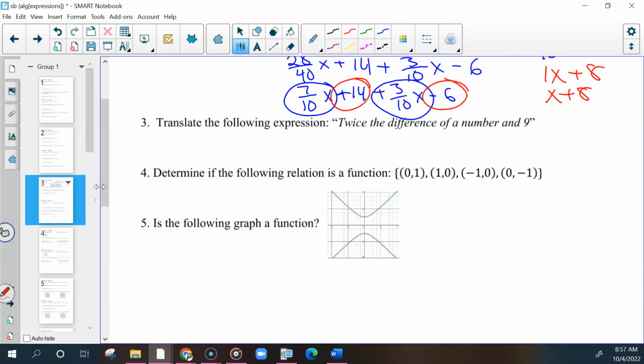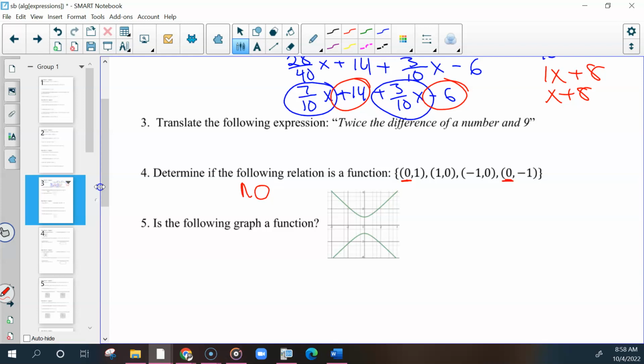If something is a relation, they don't have repeating x's, or if they do, the y values are the same. If they have repeating x's with different y values, it's not a function. So again, we'll go more in depth with that later. It's okay if that didn't make a whole lot of sense now.